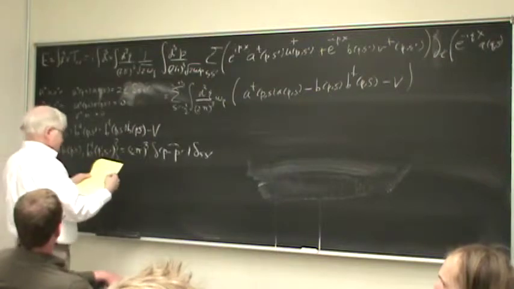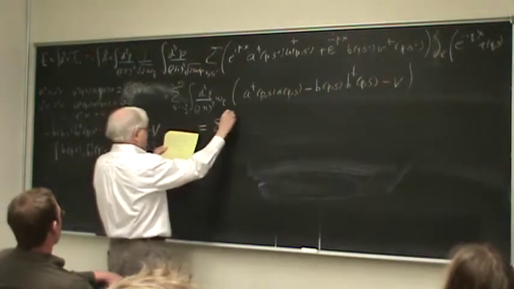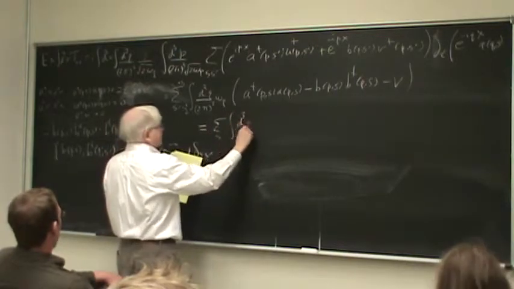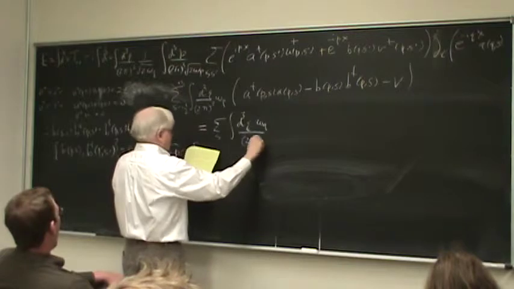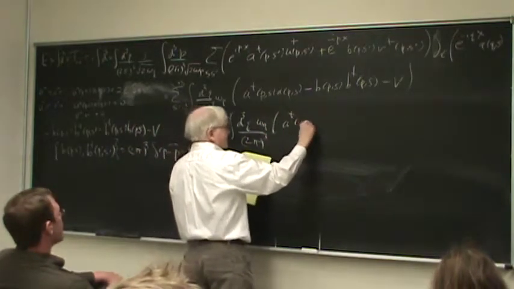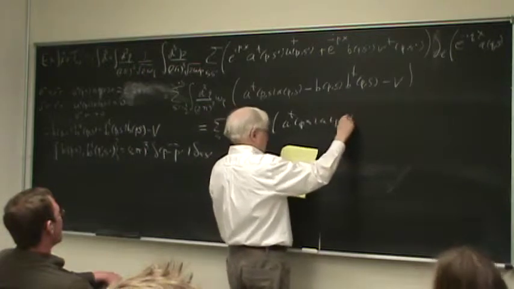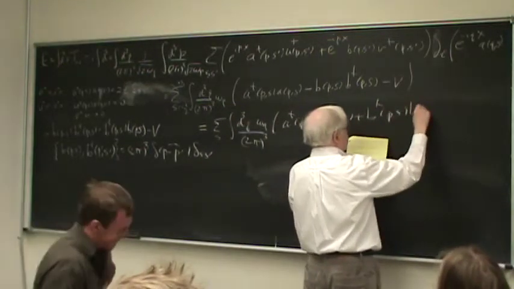this. And so what we have is that the energy is the sum over s, integral d cubed p, omega, over 2 pi cubed, and then a dagger of p and s, a of p and s, plus b dagger of p and s, b of p and s.